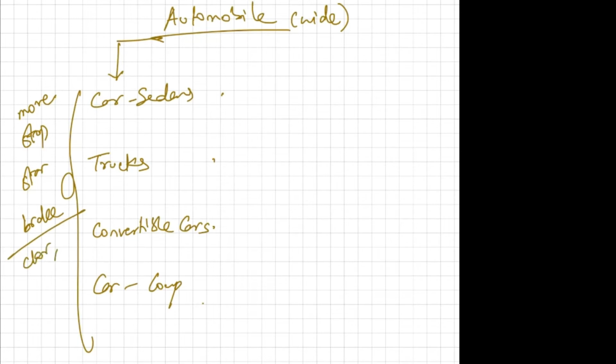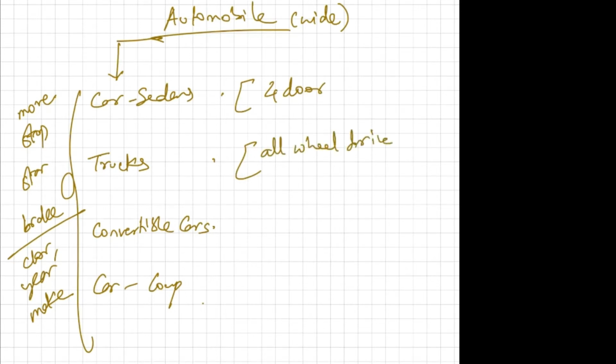They have color, they have year, they have make, but they have additional properties like this has four doors, this has all-wheel drive, this has open roof, this has two doors.